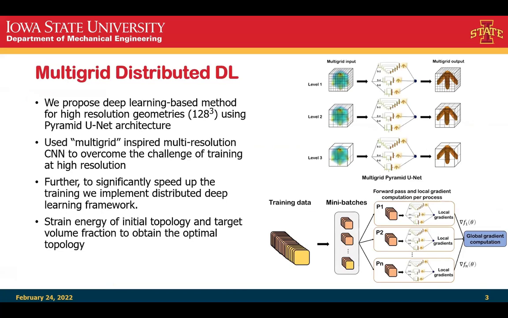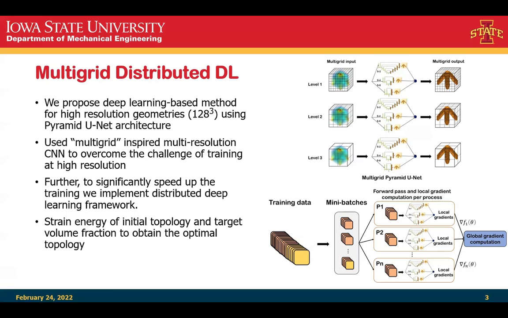To overcome these challenges, we propose to use a multigrid distributed deep learning framework using pyramid unit architecture to perform topology optimization on high resolution geometries. To overcome the challenge of training at high resolution, we use a multigrid inspired multi-resolution CNN, where we train the network at low resolution and transfer the learned network to continue training at higher resolutions.